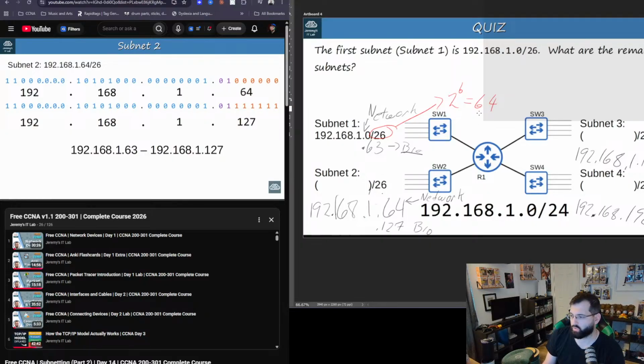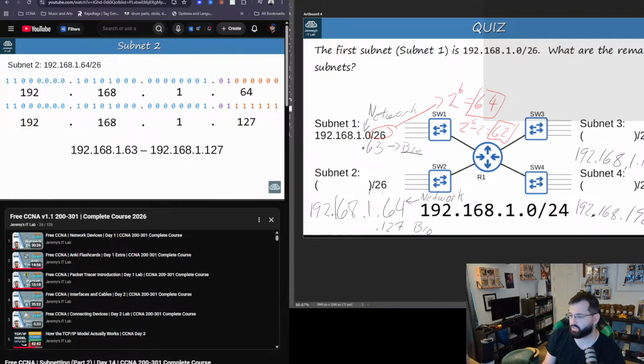Where I was getting confused is that is our whole block. But 2 to the power of 6 minus 2 equals 62, and this is our usable. And one of these two is right here because that's our network.